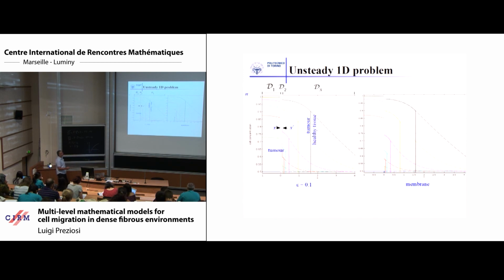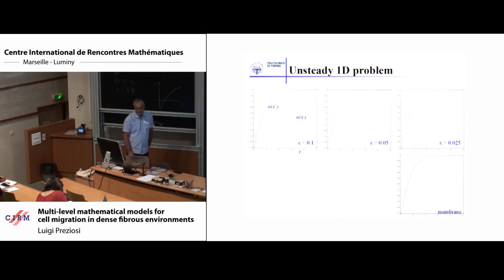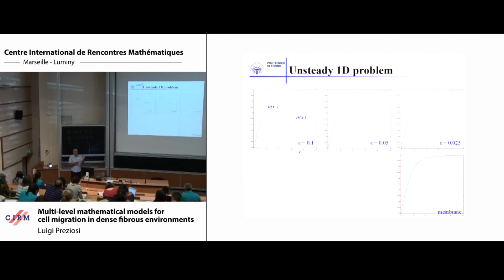With the membrane problem, here there is just the membrane, and you don't have this decrease, you have just a jump, but they look the same. They're very, very close. So this is again the behavior of what happens on one side and on the other side of the thick layer, and you can see that they are pretty equal, apart from here, which is the time taken for the cell to go across the thick layer.